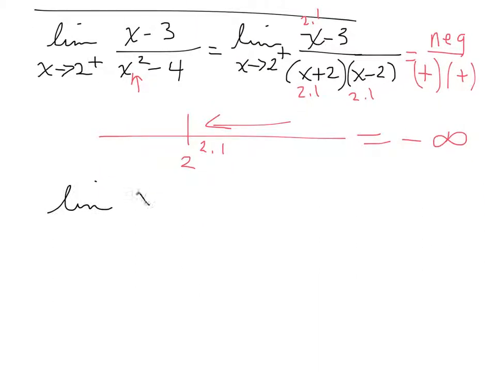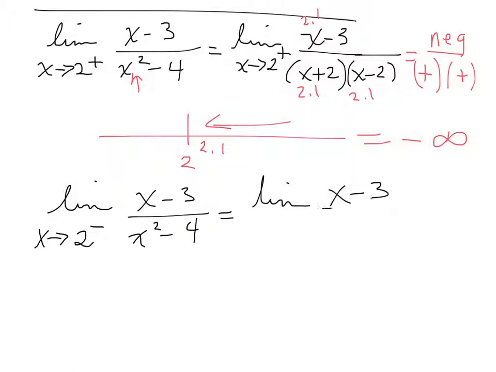So if I had the limit of x minus 3 over x squared minus 4 as x approaches 2 from the left, do the same theory here. Sometimes I'll do another example where something actually cancels at the bottom.